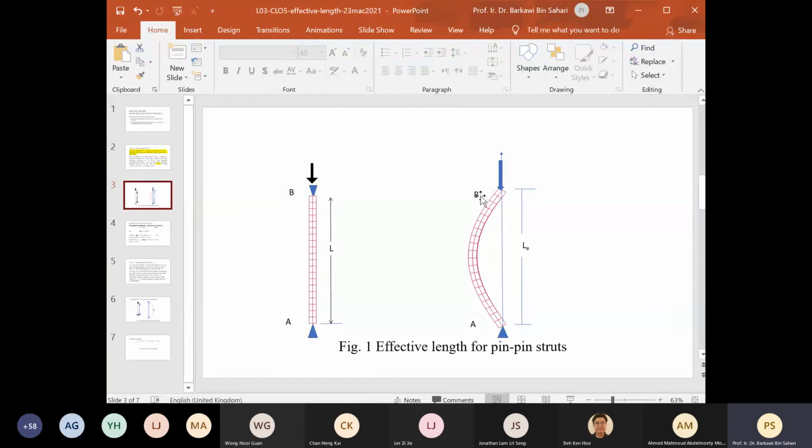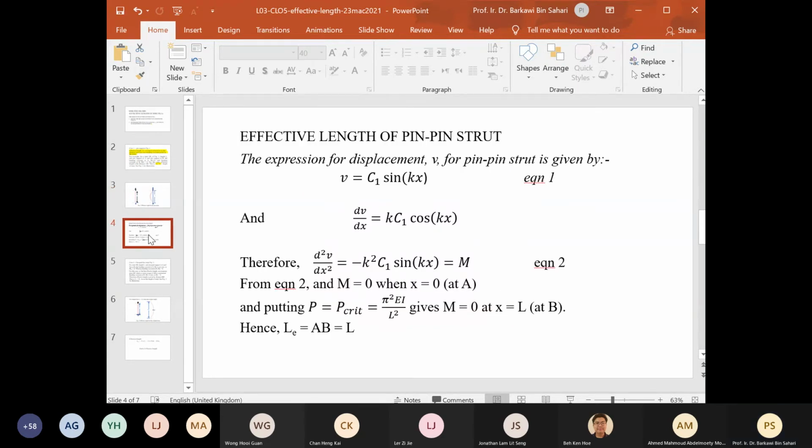Zero bending moment occurs at A and at B, so effective length LE is equal to the length of the beam. Now case number 2 of pin strut.